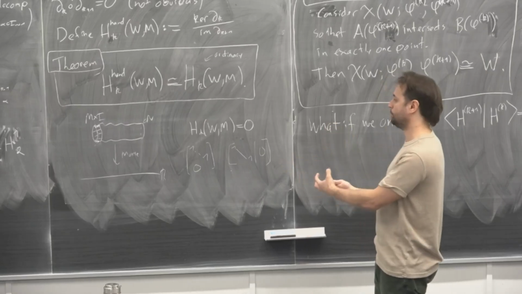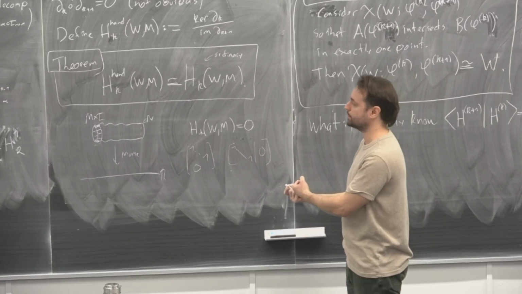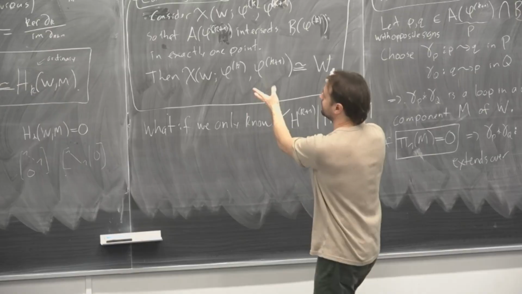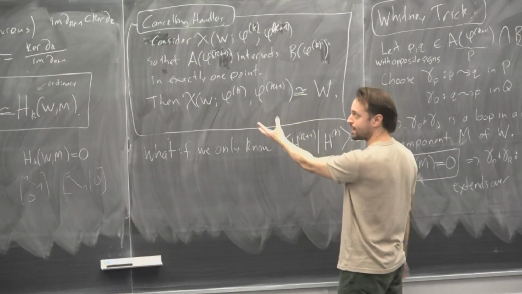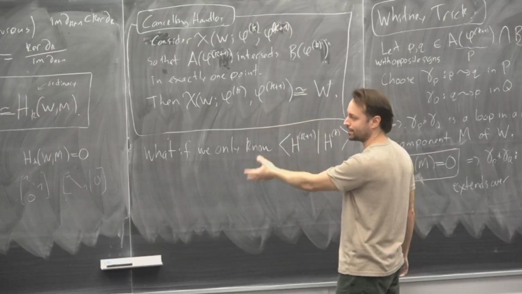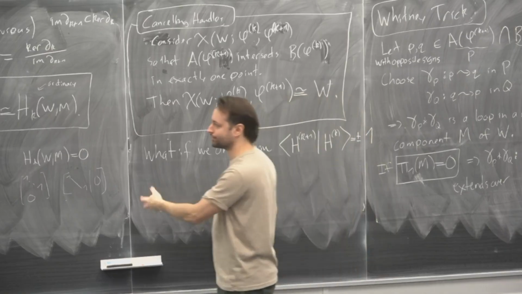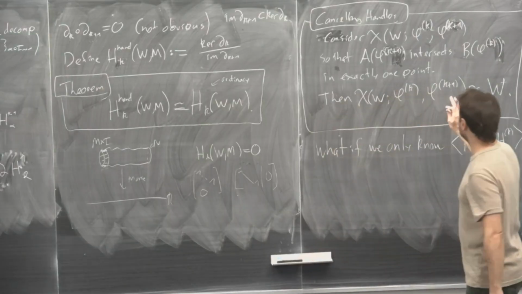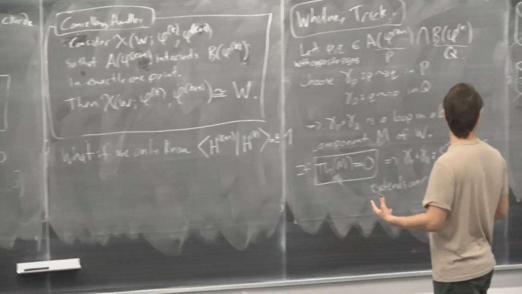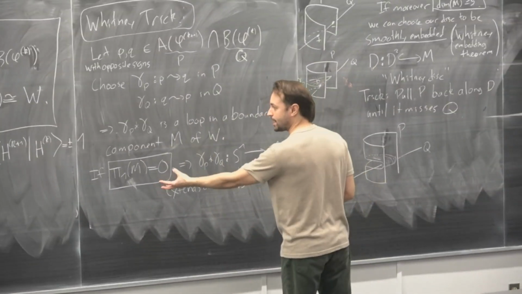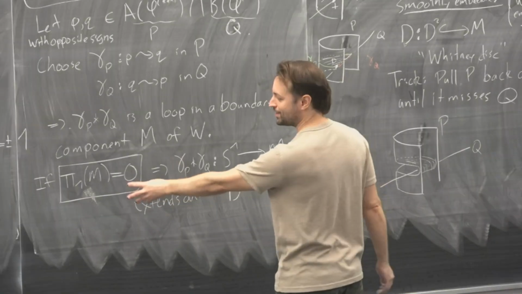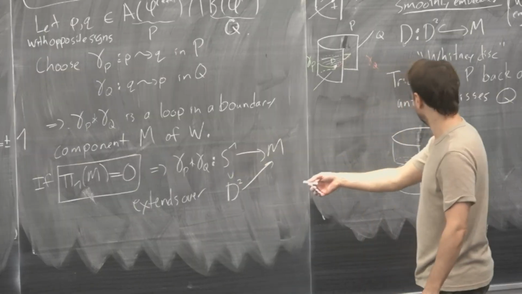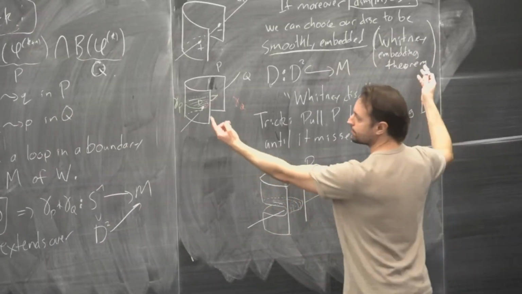Then we'd like to take this incidence number of 1 and translate that into saying that they actually geometrically intersect at one point. Now we can use the handle canceling theorem, like we talked about at the start. Once we've canceled all the handles, it just looks like N cross I. In order to achieve this, some of our assumptions come back. To make the proof work, we use simple connectivity in order to construct a disk, and the Whitney embedding theorem to make sure that it's smoothly embedded.